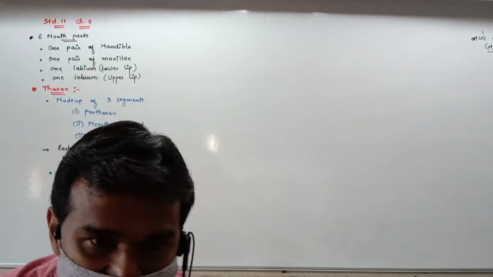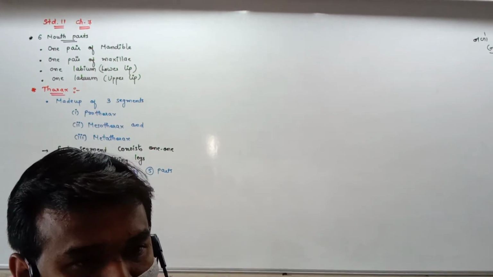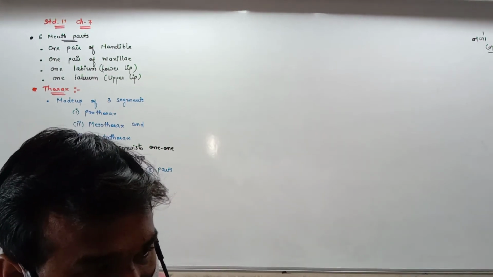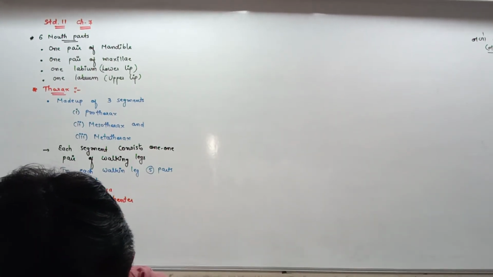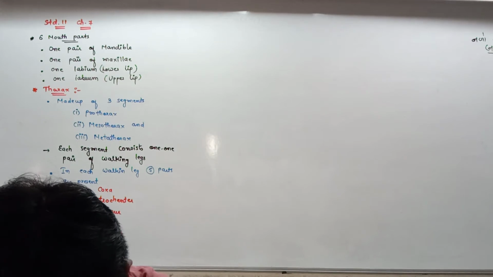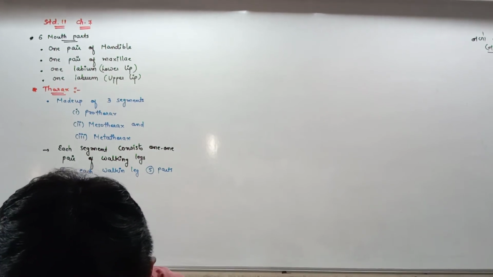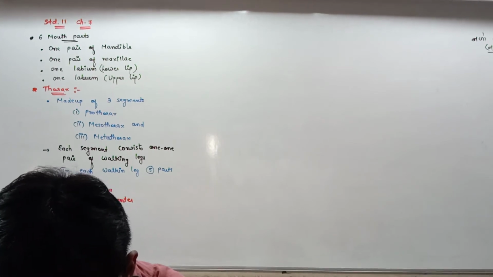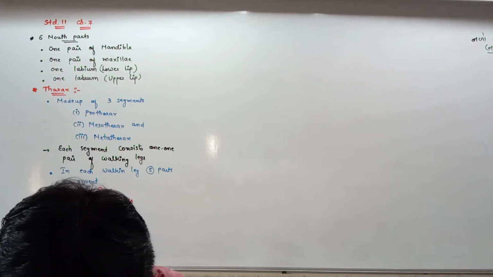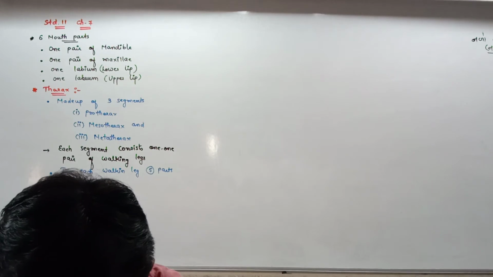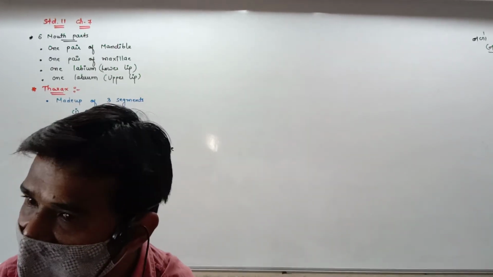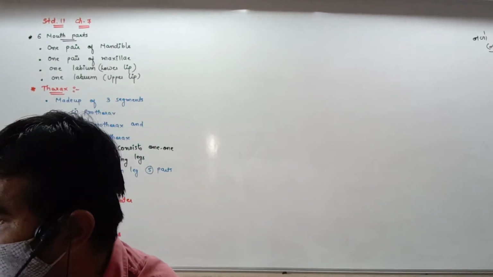You add this only: each thoracic segment bears a pair of walking legs. It is given there, right? On the ventral side, you add it.